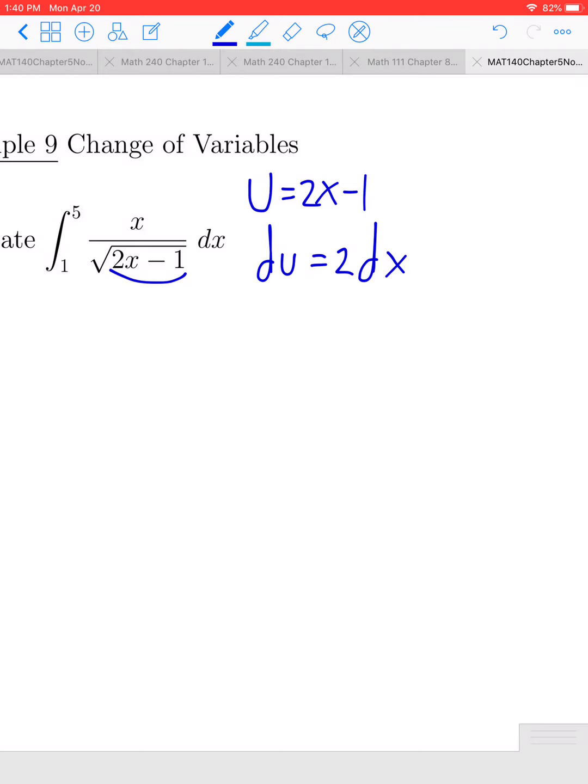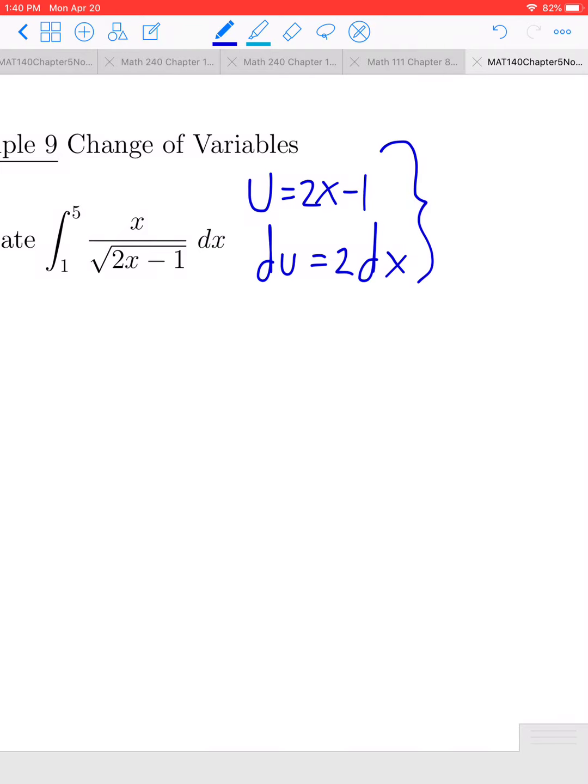We look at it and say, okay, it's a little bit of a problem because it's off by more than a constant. I don't simply have a 2 dx, I have an x dx, so that's off by more than a constant. Immediately it doesn't look too promising, but let's not bail on this substitution yet.